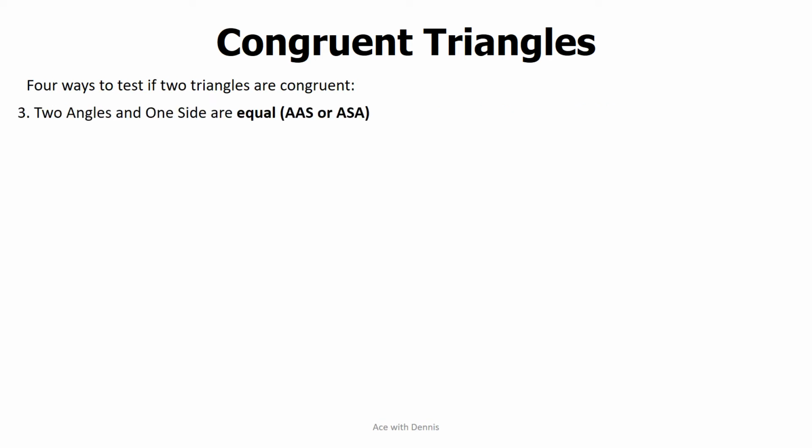The third method to test the congruence of two triangles is two angles and one side are equal, in short form AAS or ASA. Let's look at these two triangles again, the triangle ABC and triangle PQR.